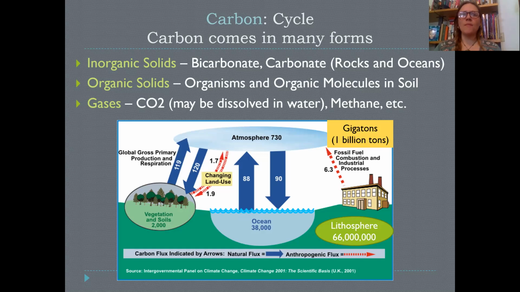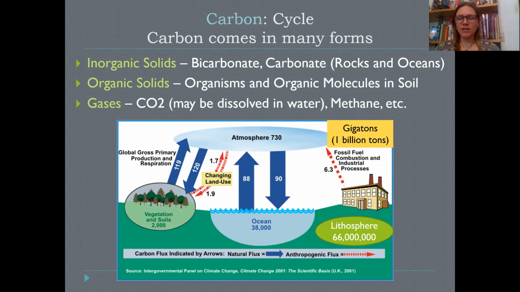They also come in organic forms, like different kinds of organic compounds. Glucose, we talked about, is made through photosynthesis, but there are many other forms of organic carbon compounds as well. And then there are also gaseous forms, things like CO2 or methane. So there are lots of different ways that carbon can exist.